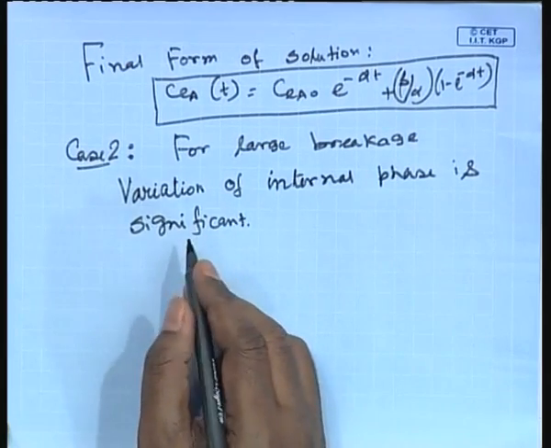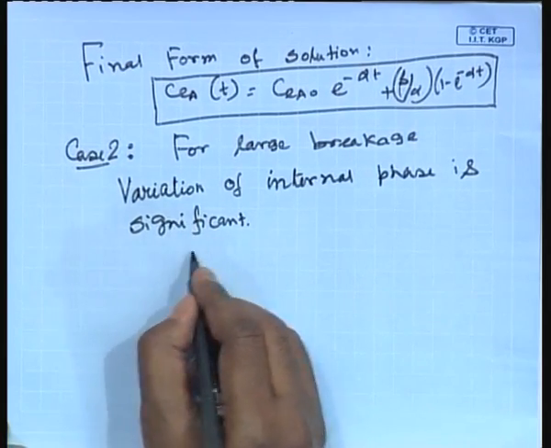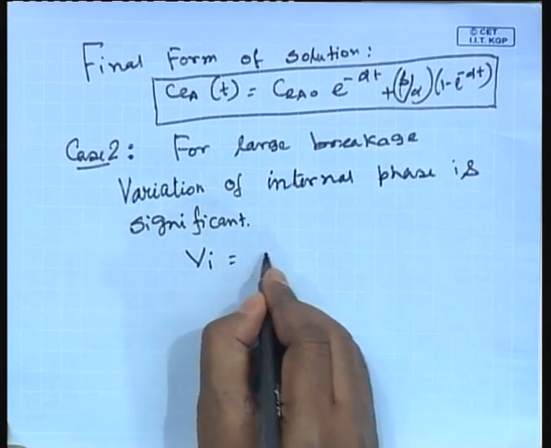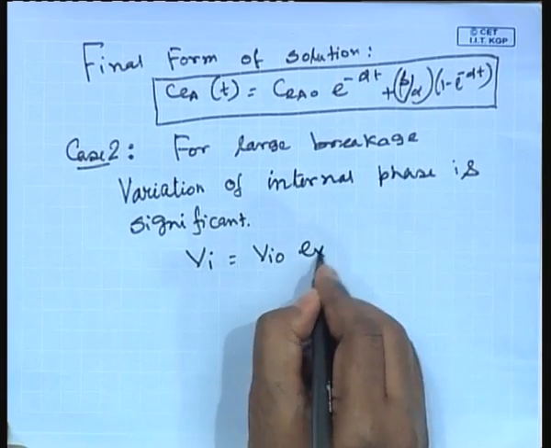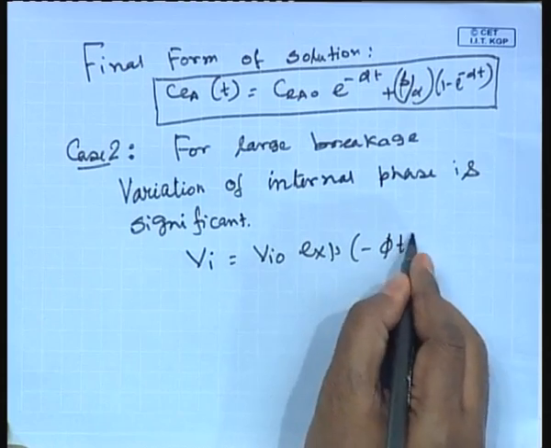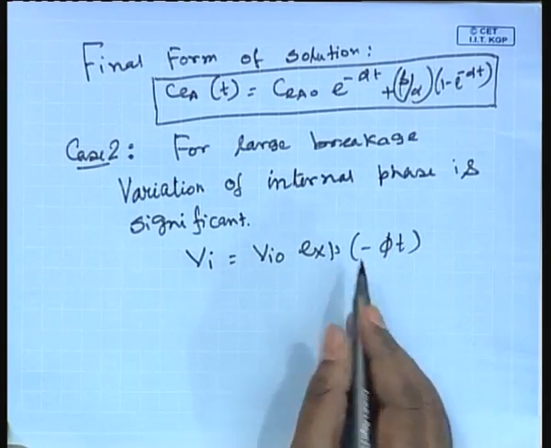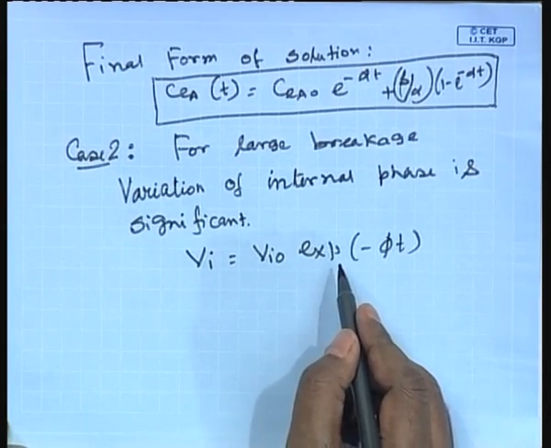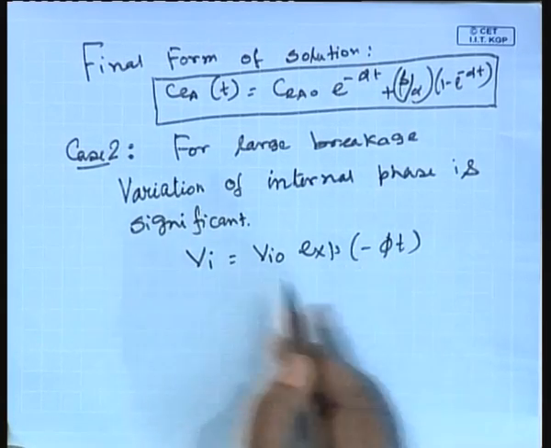And what is the variation of internal phase? The variation of internal phase will be nothing but V I is equal to V I naught exponential minus phi t that we have described earlier. This is the way the internal phase varies as a function of time with the breakage constant phi.